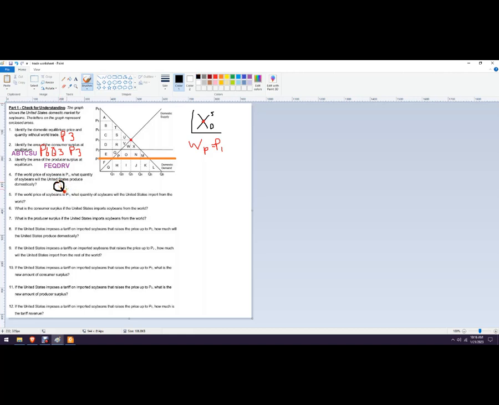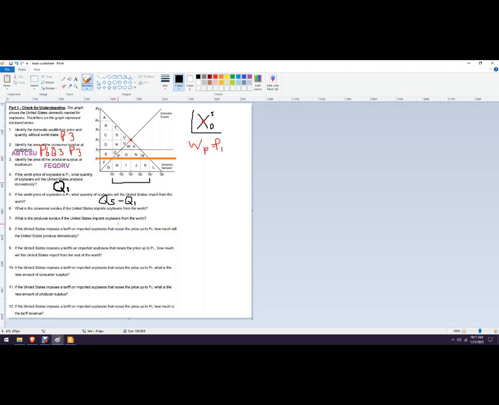But the buyers now want to buy a lot more, so Q5. Q5 is what they want to buy, and Q1 is what they'll produce domestically. So the US will import Q5 minus Q1. That's the amount of imports, the distance between these two.